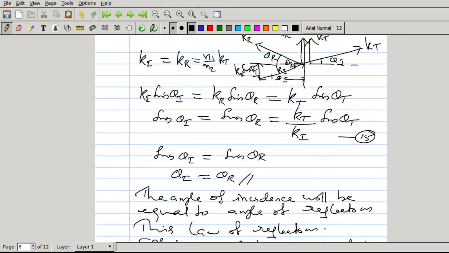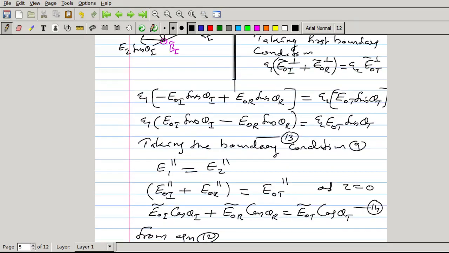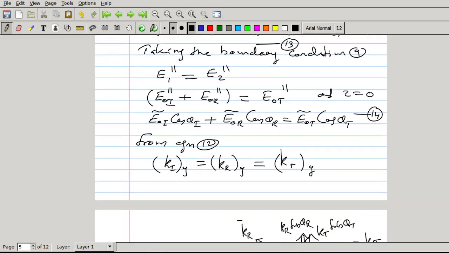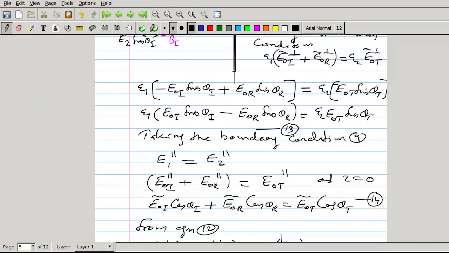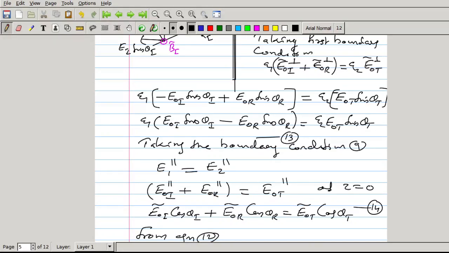So we were calculating the amplitudes of the reflected wave and transmitted wave using boundary conditions. Those equations are given by equations 13 and 14. I am rewriting equation 13. Here sine theta I and sine theta r are equal. We have already shown that theta I and theta r are equal, so I will put theta I for theta r, and sine theta I can be taken common.